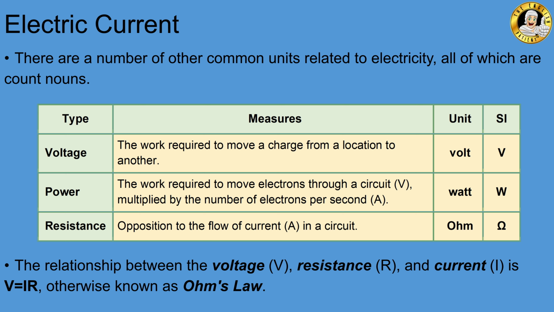And the unit is the watt, capital W. And then for resistance, this is the opposition to the flow of current in a circuit, and the unit is the ohm. Now, the relationship between the voltage, the resistance, and the current, V equals IR, is otherwise known as Ohm's law.